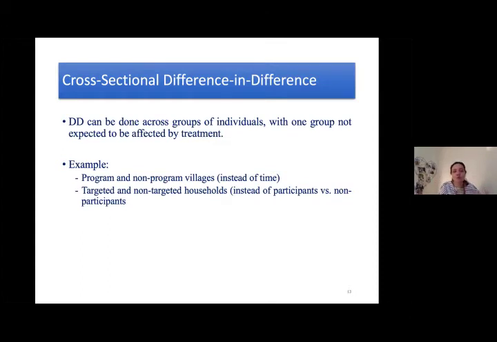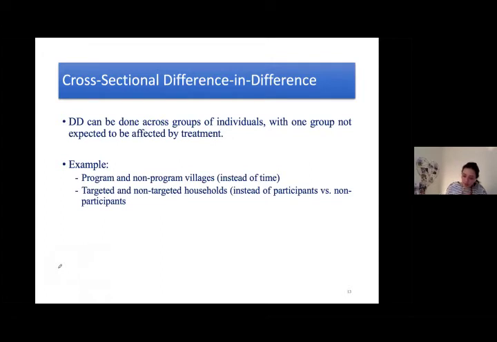Some villages or some geographical locations, we plan to implement this program. And in another geographical location, the program is not implemented or not intended to be implemented. And instead of focusing on beneficiaries and non-beneficiaries of the program, we'll have targeted and non-targeted individuals, okay?